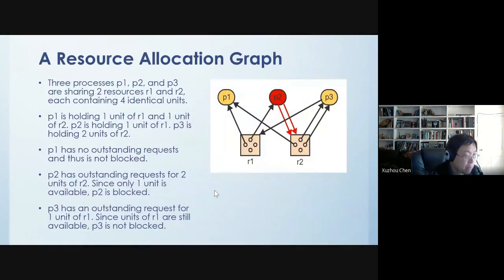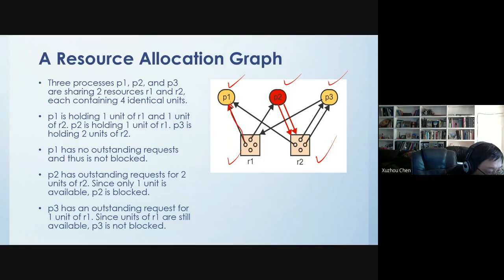So now here's an example of the resource allocation graph. You have three processes, P1, P2, P3, and two resources, R1, R2. R1 has 4 instances or 4 units. R2 has 4 units. Initially P1 is currently holding 1 unit of resource 1.